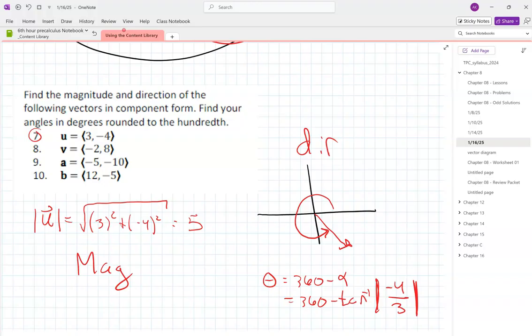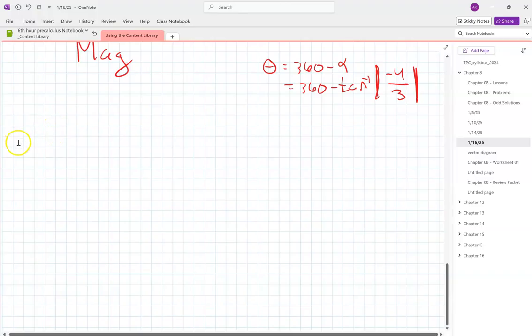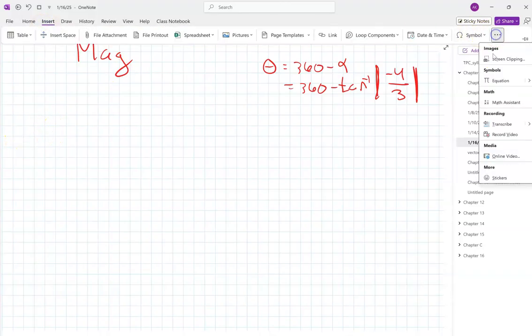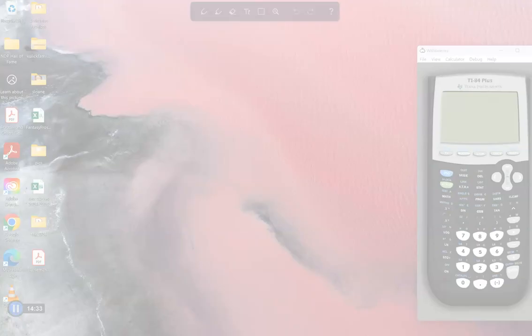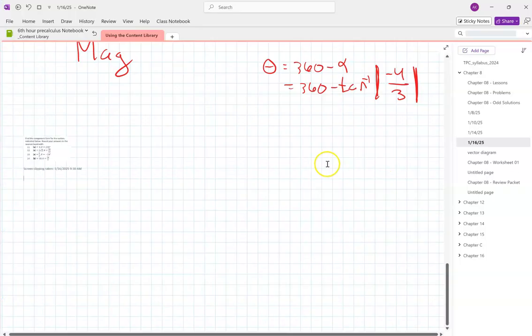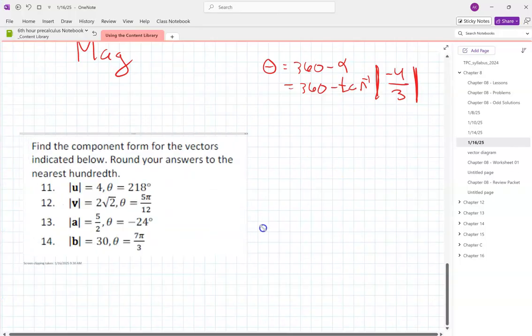Absolutely. Do you guys remember how to change a magnitude and direction into a component form? So like a problem like this.